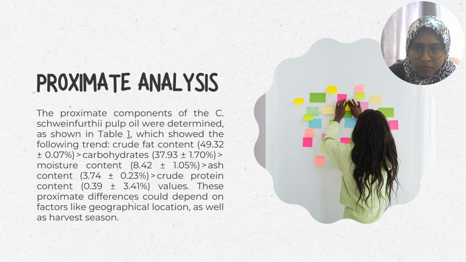The proximate components of Canarium schweinfurthii pulp oil show a crude fat content of 49.32 plus minus 0.07 percent, carbohydrate 37.93 plus minus 1.070 percent, moisture content 8.42 plus minus 1.05 percent, ash content 3.74 plus minus 0.23 percent, and crude protein content 0.39 plus minus 3.41 percent.